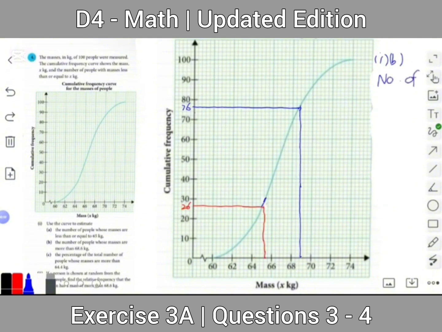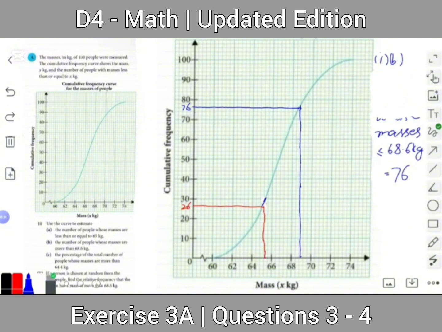So the number of people whose masses are less than or equal to 68.6 kg is equal to 76 according to the curve.